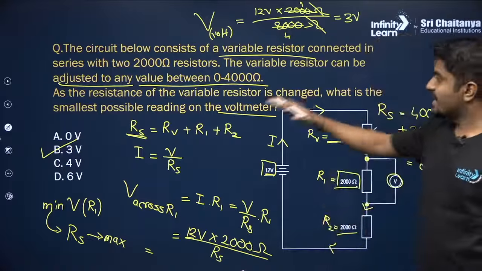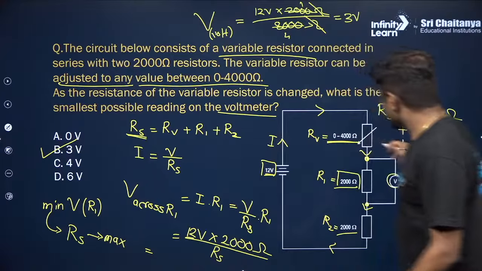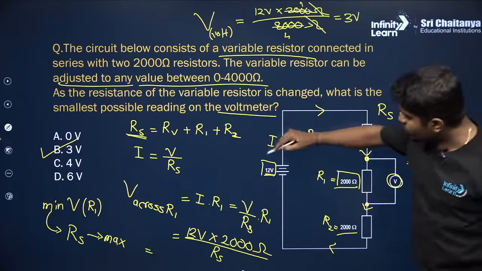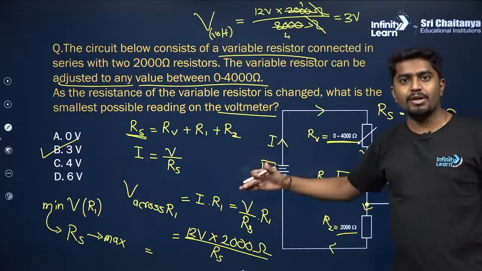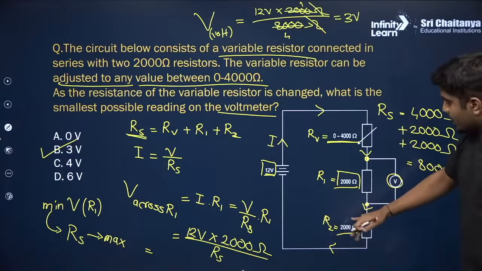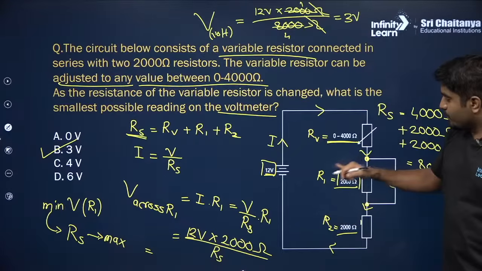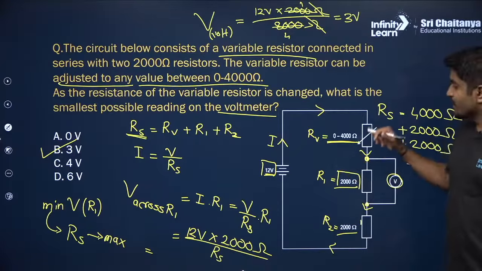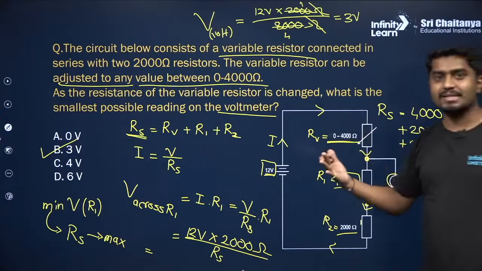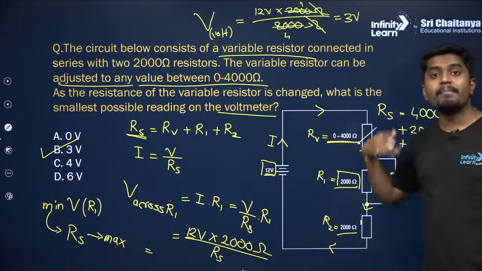So it is going to be 3 volt. And do you know what is the maximum value? I'll tell you what is happening. The total voltage of 12 volt gets distributed here, correct? Some of the voltage would be across R2, some across R1, and some across RV, which is a variable resistor. If you want this to be minimum, this RV should be maximum.